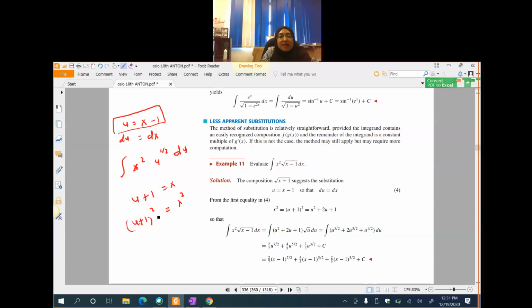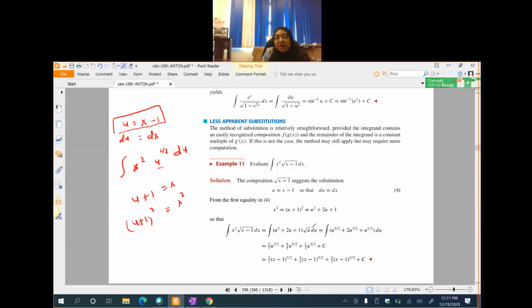So this is the key. You want to replace this x squared so that it is u plus 1 squared. Once you replace this, you can expand that and you get u squared plus 2u plus 1, and for this part here it stays as square root of u, or u to the power of 1/2.